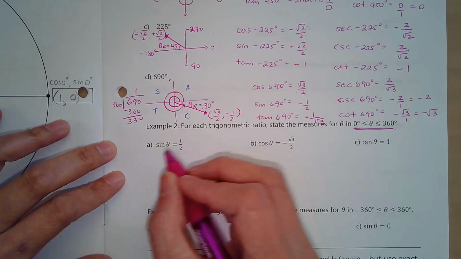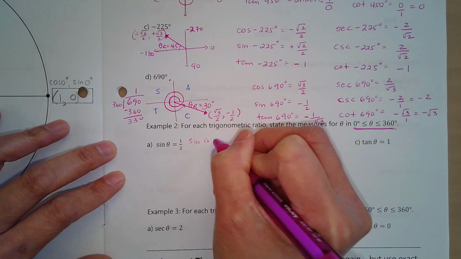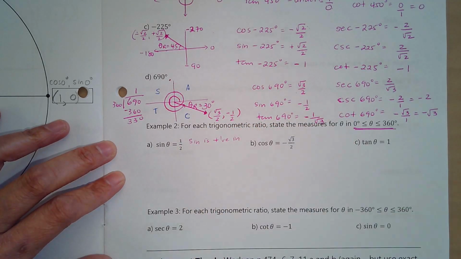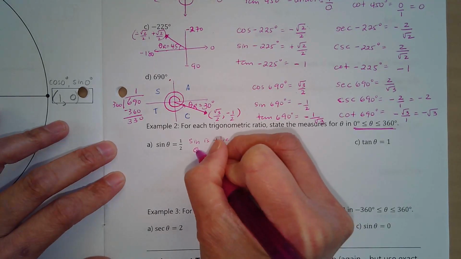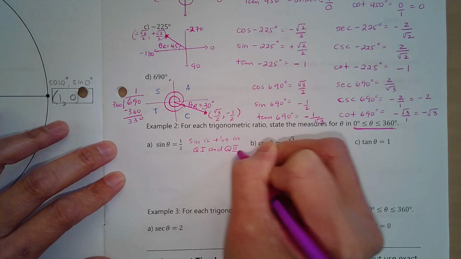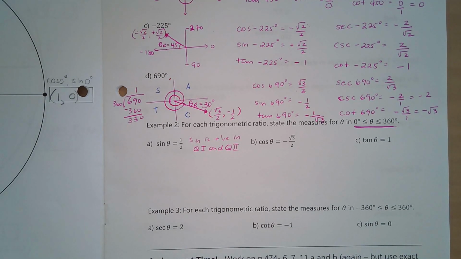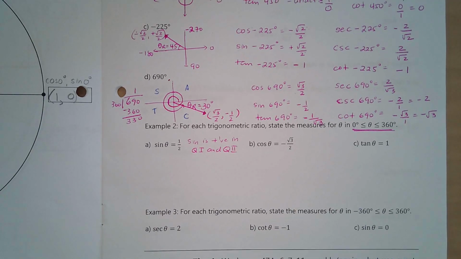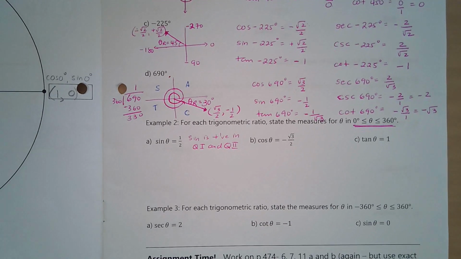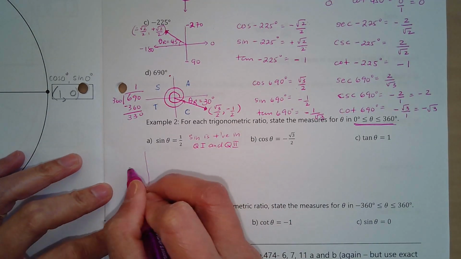So sine is positive in first and second, yes? So we already know that from 0 to 360 degrees, we're going to end up with two different angles. So let's see if we could figure that out.